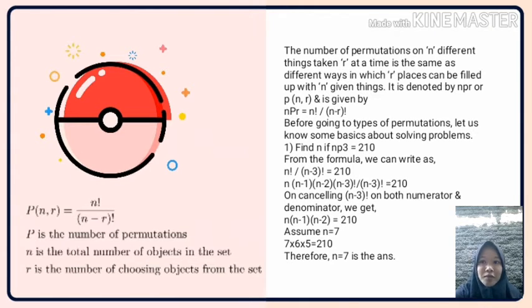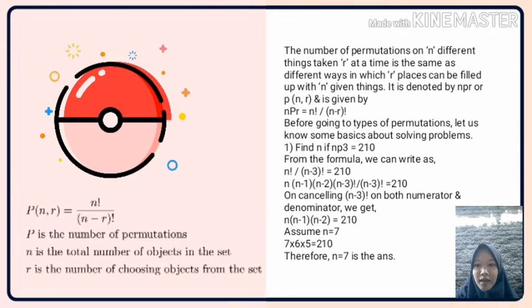Before going to types of permutation, let us know some basics about solving problems. 1. Find n if permutation 3 of n elements equals 210. From the formula, we can write n factorial divided by (n minus 3) factorial equals 210.